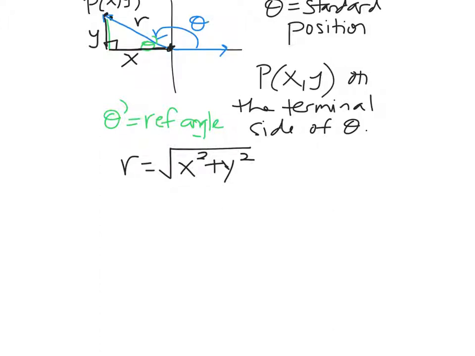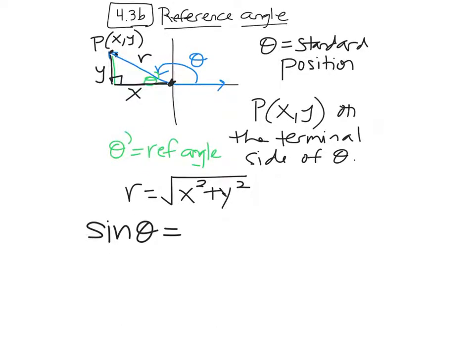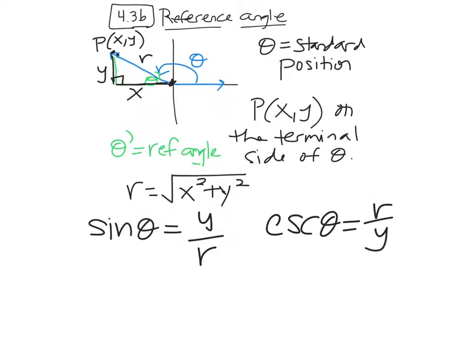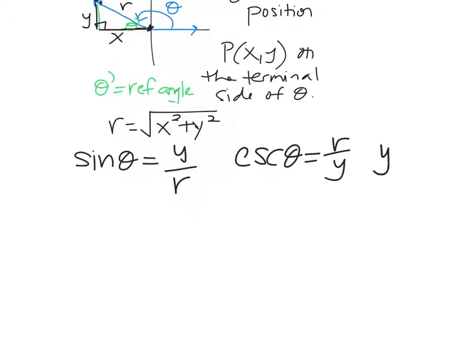Okay, so now we know that the sine of theta is going to be the same thing as the sine of theta prime. So the sine of theta is going to be y over r. And the cosecant of theta is going to be the reciprocal, which is r over y, as long as y doesn't equal 0.